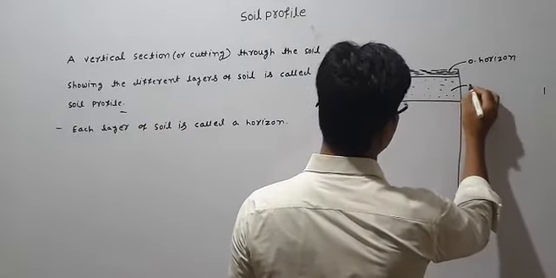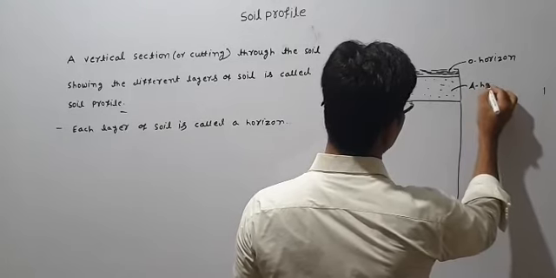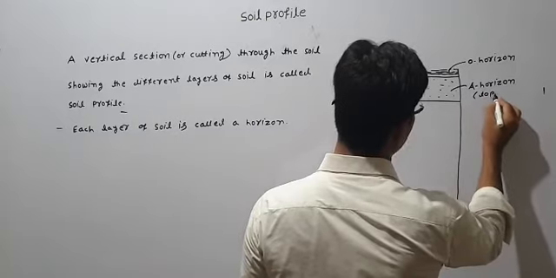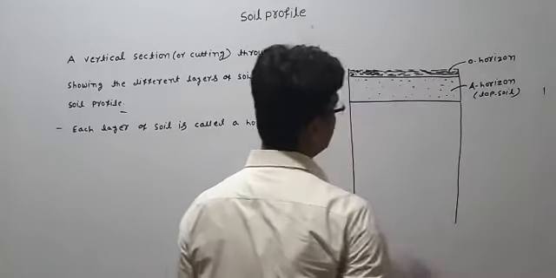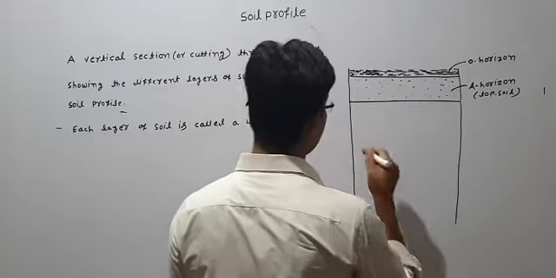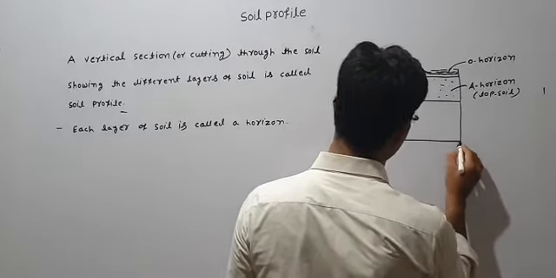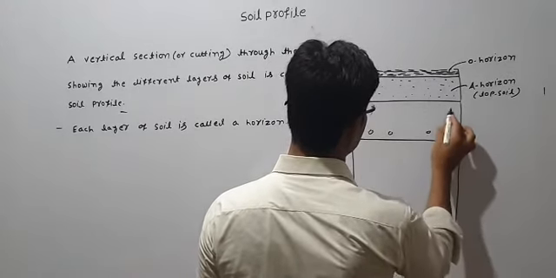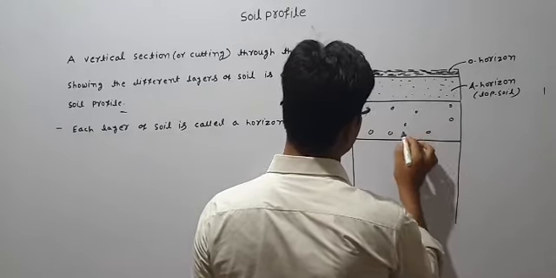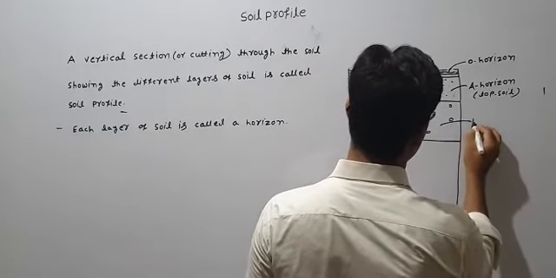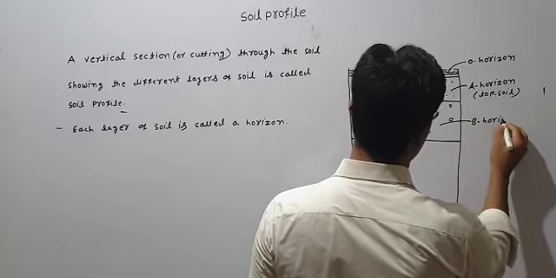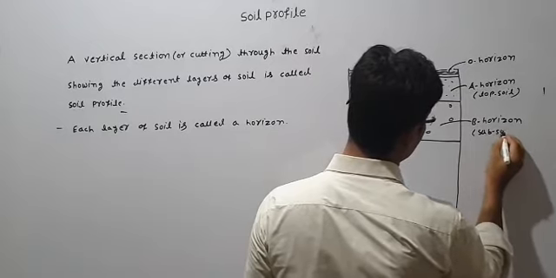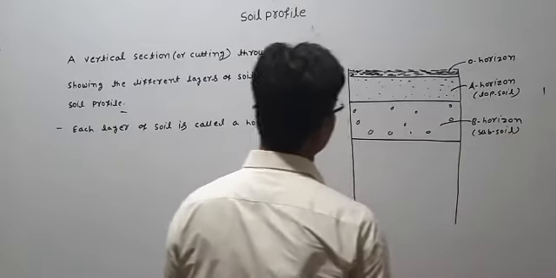The second one when you go is the A horizon, and the A horizon is also known as topsoil. Then when you go inside, you get one more layer, somewhat smaller particles of this size. See this kind of particles. This one is the B horizon, also called subsoil.